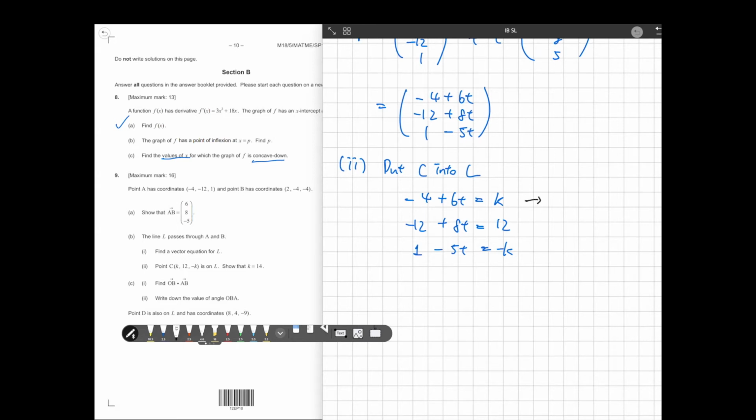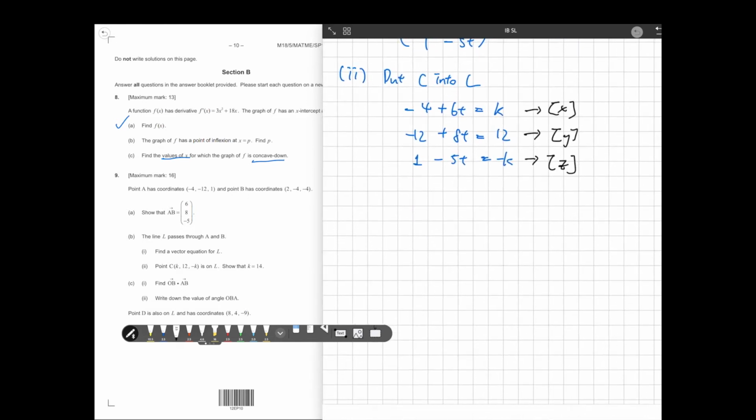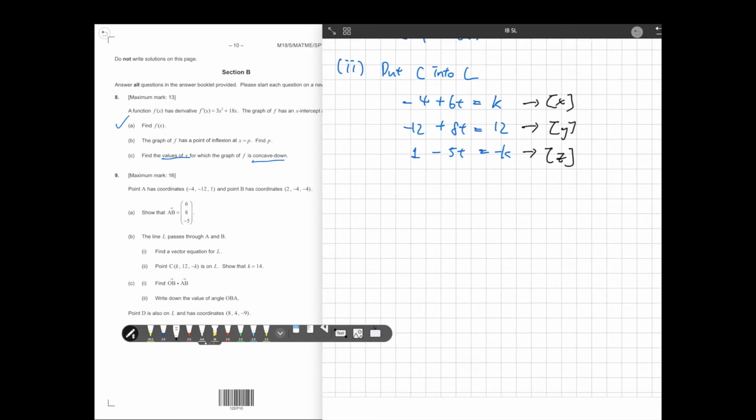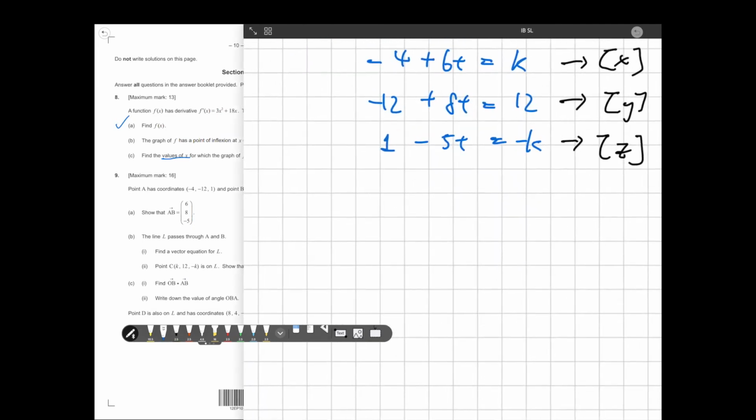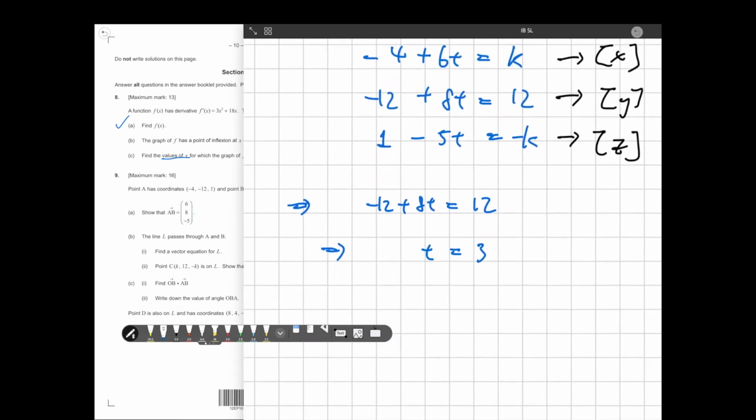This corresponds to the x coordinate, the y coordinate, and the z coordinate. From -12 plus 8t equals 12, we find t equals 3.